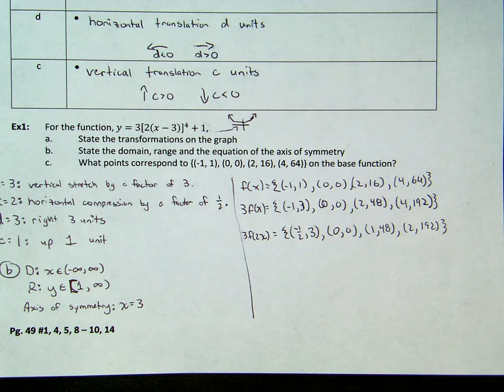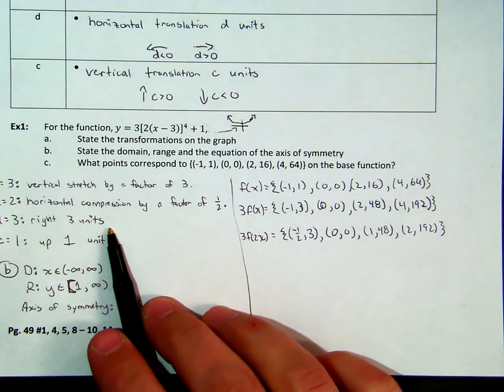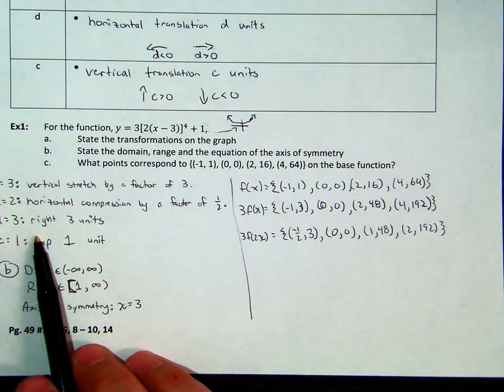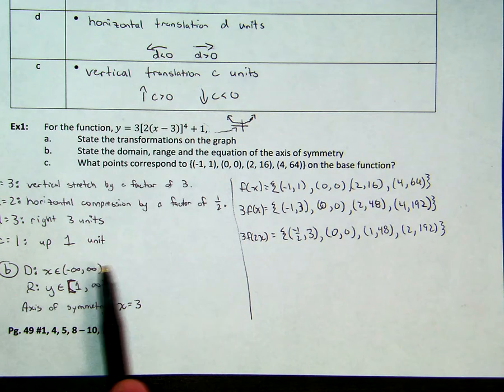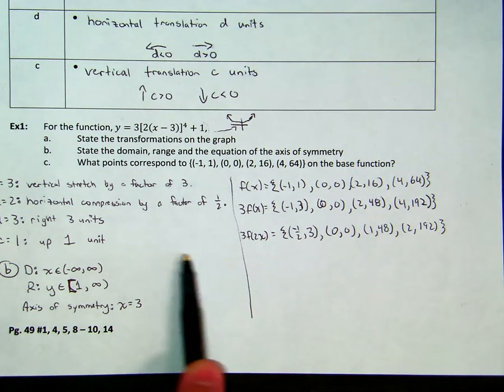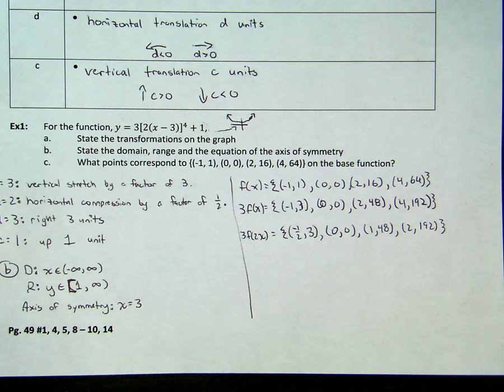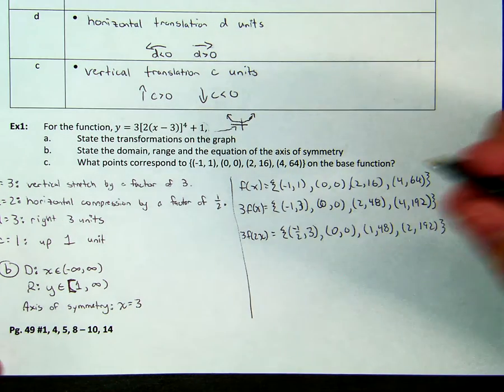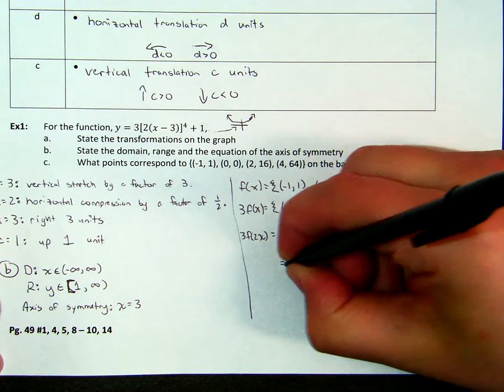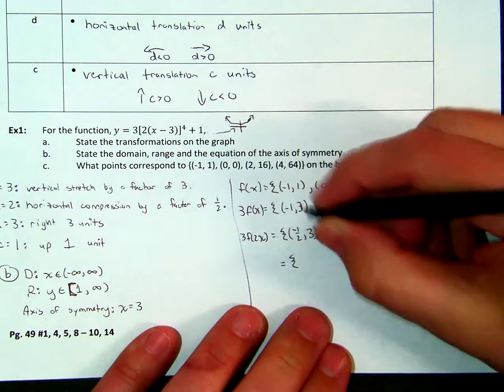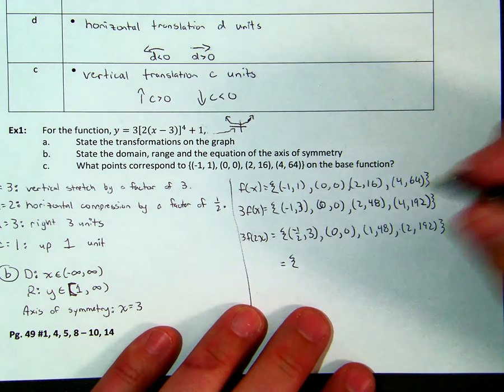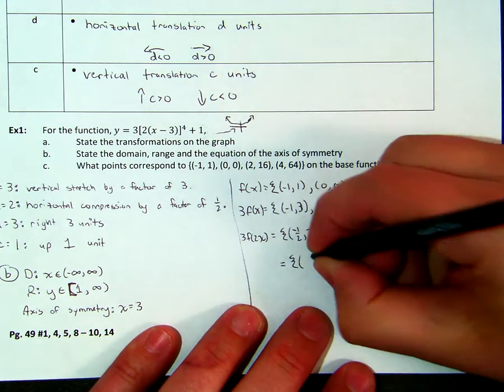So the next step would be right 3 units. Would left and right affect x's or y's? Left and right moves this way, so that's going to be x coordinates. And it's going 3 to the right, so I'm going to add 3 to each x coordinate. This is going to be set bracket. -1/2 plus 3 is 2.5, which is 5/2.